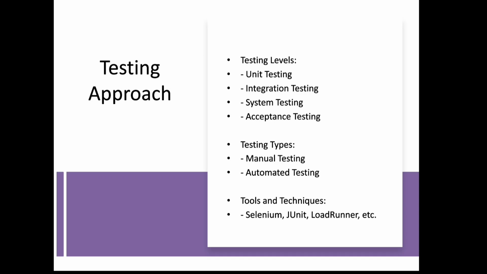We have a number of tools and techniques like Selenium, JUnit and LoadRunner. LoadRunner and JMeter are basically used for load testing. Selenium and the TestNG Maven framework are used for automation testing. JUnit is a unit testing tool where we check our code and so on.